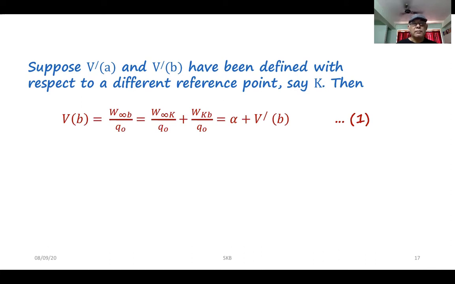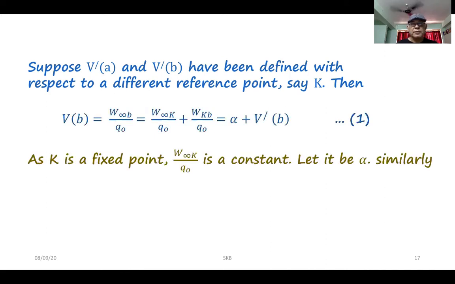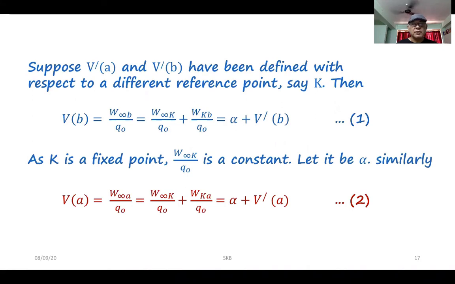Now, the term W infinity to B can be expressed as summation of W infinity to K and W K to B. As K is a fixed point, W infinity to K divided by Q naught is a constant. Let it be alpha. Therefore, we can express V_B as alpha plus V dash B. Similarly, V_A is equal to alpha plus V dash A.